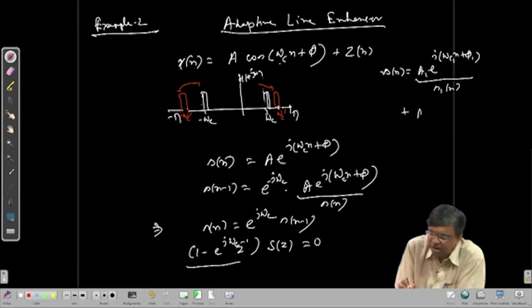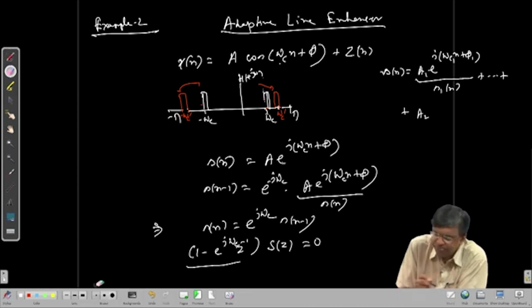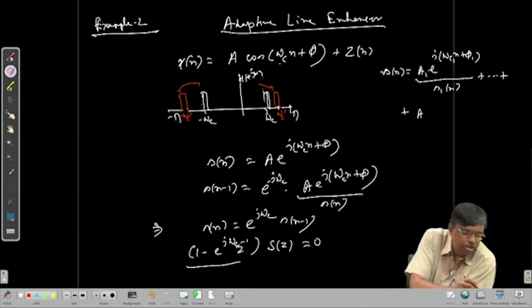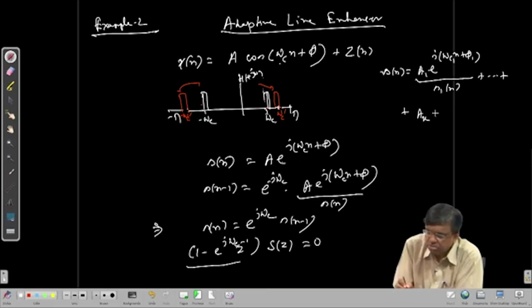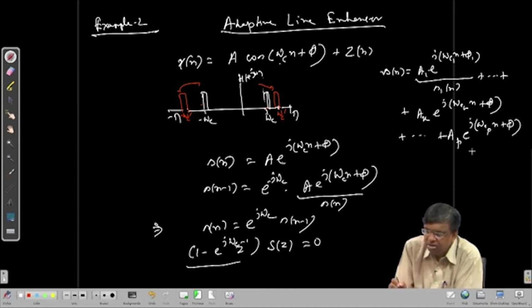Then another component a2, or maybe dot dot dot dot ak, take the general case. e to the power j omega ck n plus phi k, dot dot dot dot, maybe you have got p fellows, e to the power j omega cp n plus phi p.